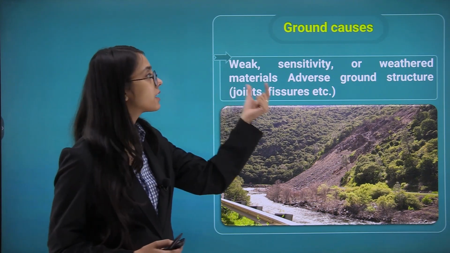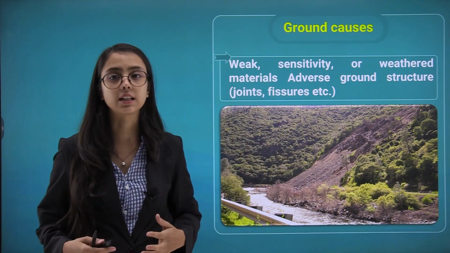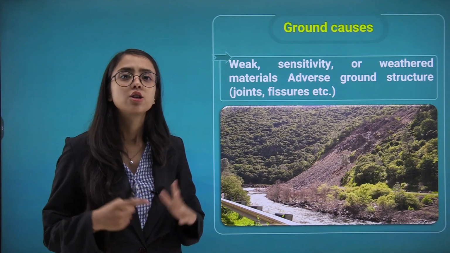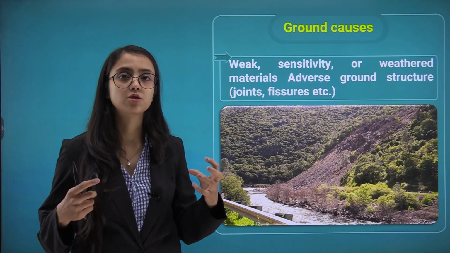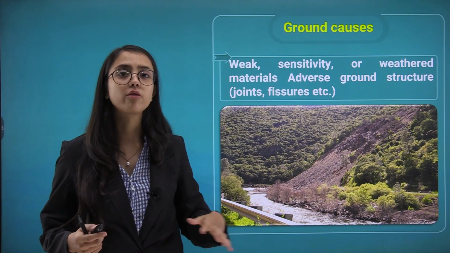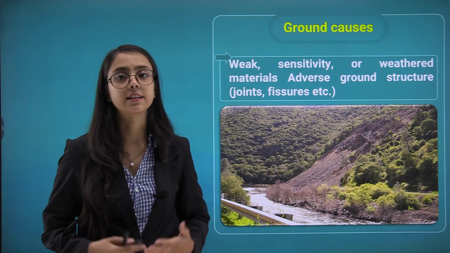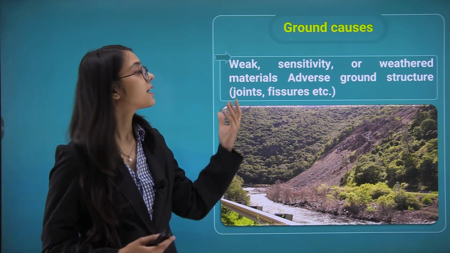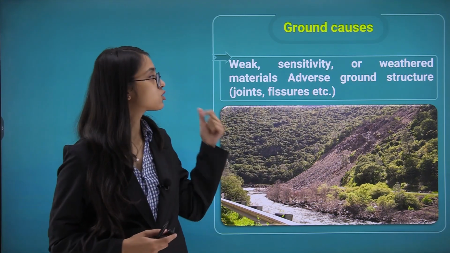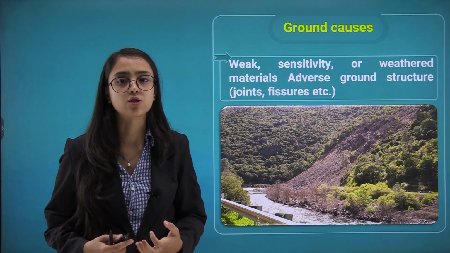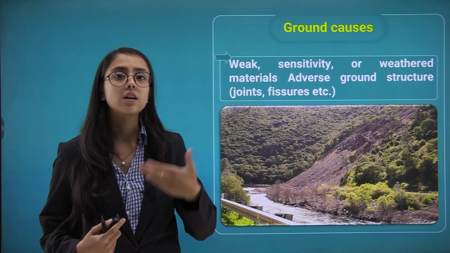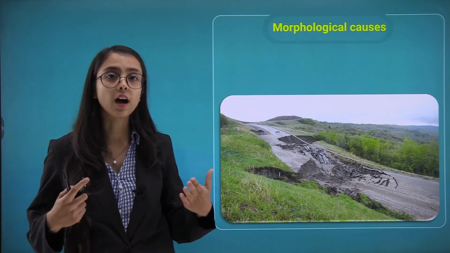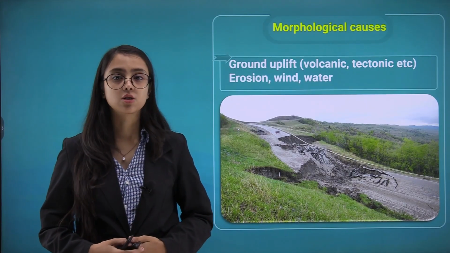When the weak, sensitive or weathered material such as rocks, sand, plants, huge stones, move or result in a landslide, this is known as a ground cause of landslide. Adverse ground structures such as joints, fissures, etc., when they result in occurrence of landslide, this is known as ground causes.